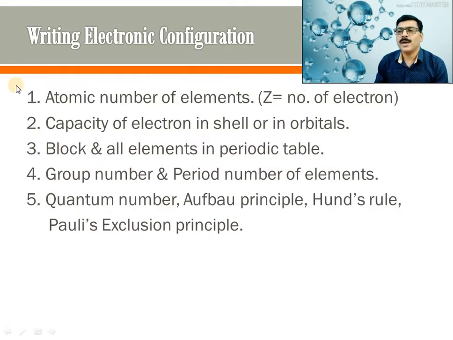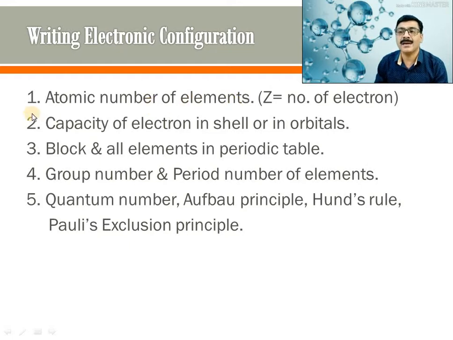Now before writing any type of electronic configuration, friends, you have to know the atomic number of all elements, because we know that the atomic number is equal to the number of electrons, and the arrangement of electrons is called the electronic configuration. So the first term you have to remember is the atomic number of all elements.